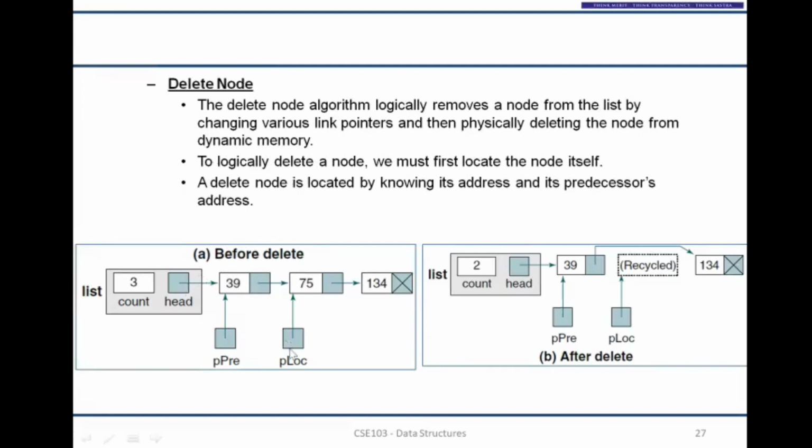What is the meaning? P location and head contain the same address, meaning that is the first node's address. Suppose we are going to delete the first node, after deleting 39, the 75's address we need to store in head. Head should point to the 75. That change also we need to do. That is deleting the first node. If it is a middle node, this figure illustrates deleting any node in the middle.